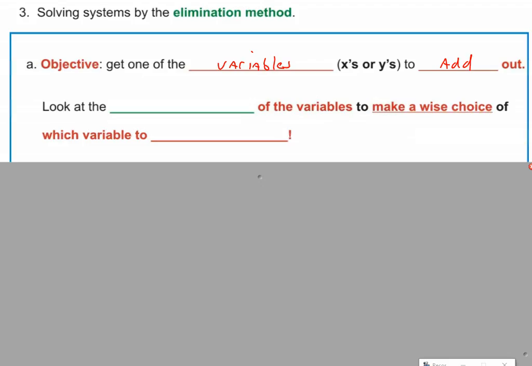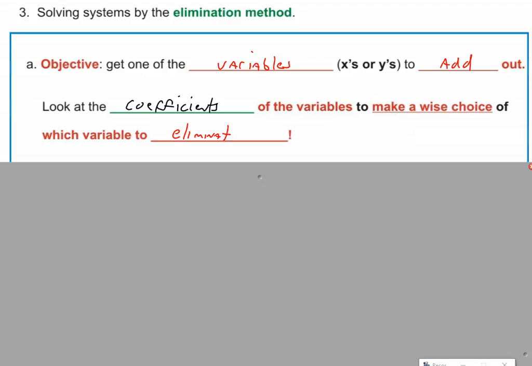How are you going to approach this? How are you going to think to do this? You got to look at the coefficients, right? The multipliers of the variables, to make a wise choice as to which variable to eliminate.